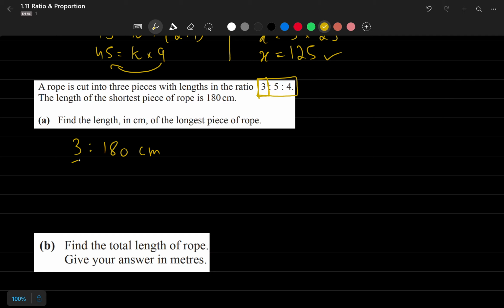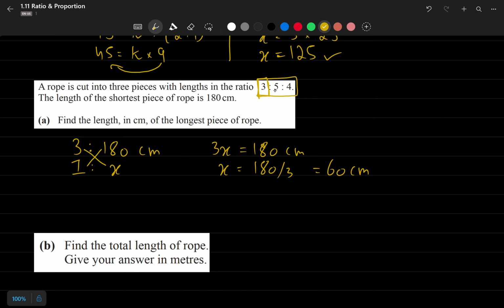So how many centimeters will 1 ratio hold, which is x, we don't know, and now we have to cross multiply. 3 times x is equal to 180 times 1, so 3x is equal to 180 centimeters. So x is equal to 180 divided by 3, which is equal to 60 centimeters. Now find the length in centimeters of the longest piece.